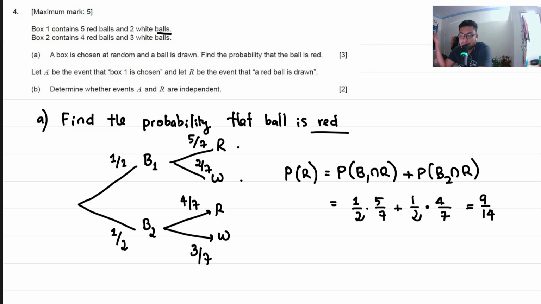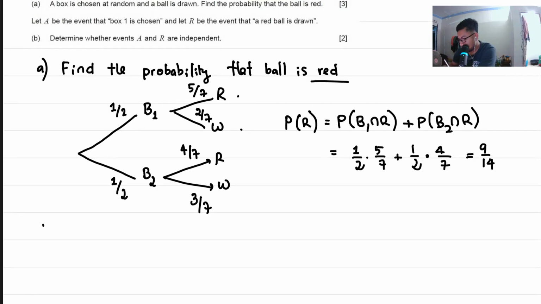Okay, so independent means an event that happens without relying on another, or we can just say A and R, the box 1 and red. They just want us to verify whether both events happen without relying on each other or not. You understand?